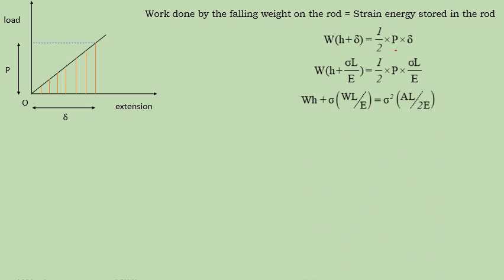Therefore, if we multiply W, it becomes W into H. Then sigma we can take outside, WL by E, and here also sigma square, because this P can be written as sigma into A, so it becomes sigma square AL by 2E.